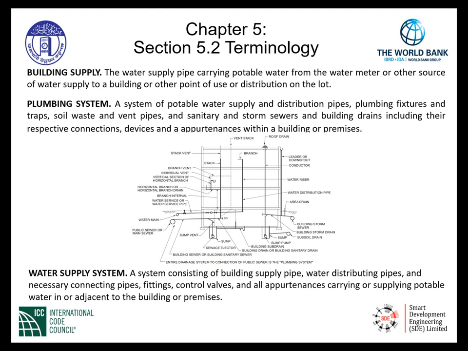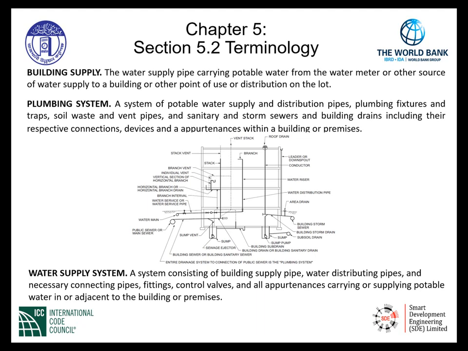From that point, we run piping, the water service pipe, into the building, and once it enters into the building, we locate and install another valve. This could be termed as a control valve. This can be termed as a main shutoff valve. This will completely shut off the water to the entire building from within the building.